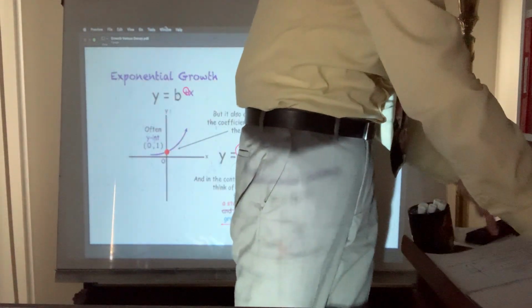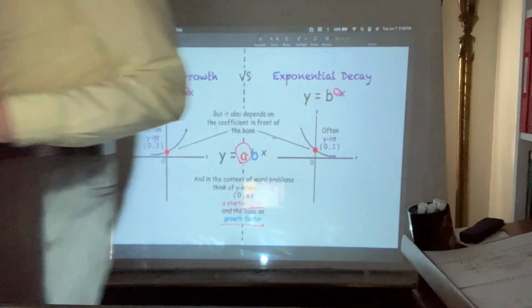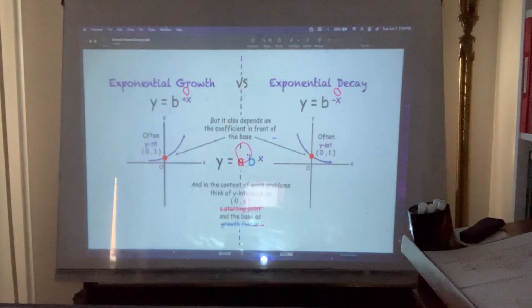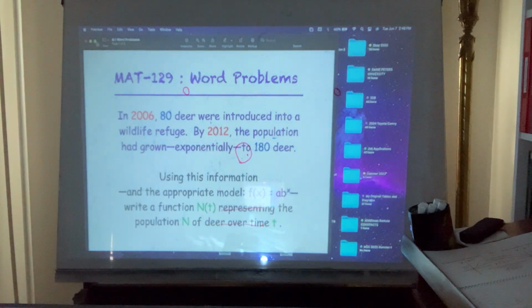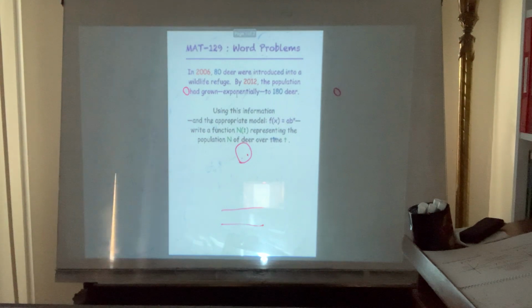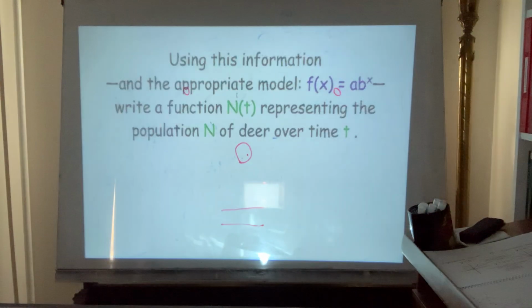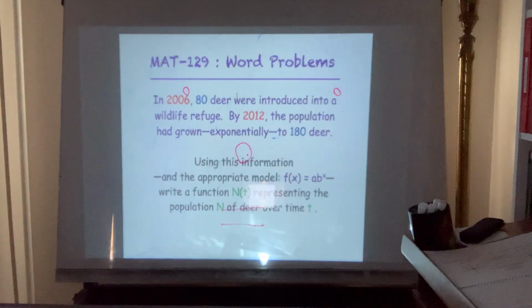All right. Let's do an example. Here are some word problems. We're just going to do the first one for right now. Is that visible? Good. Okay.